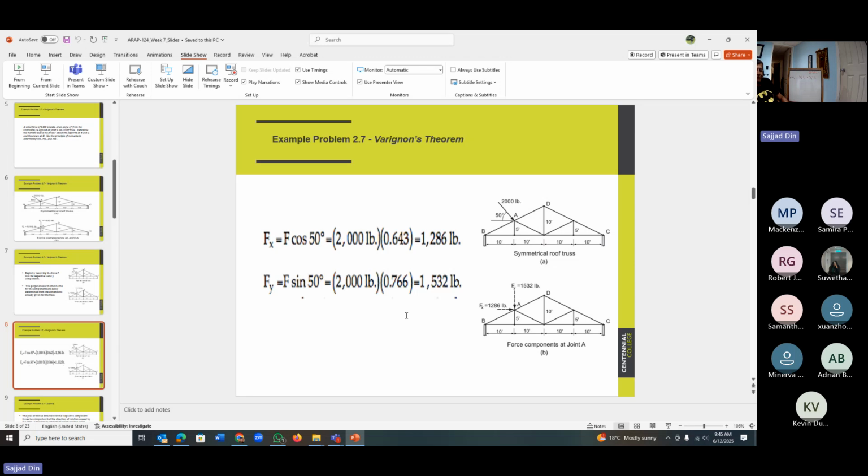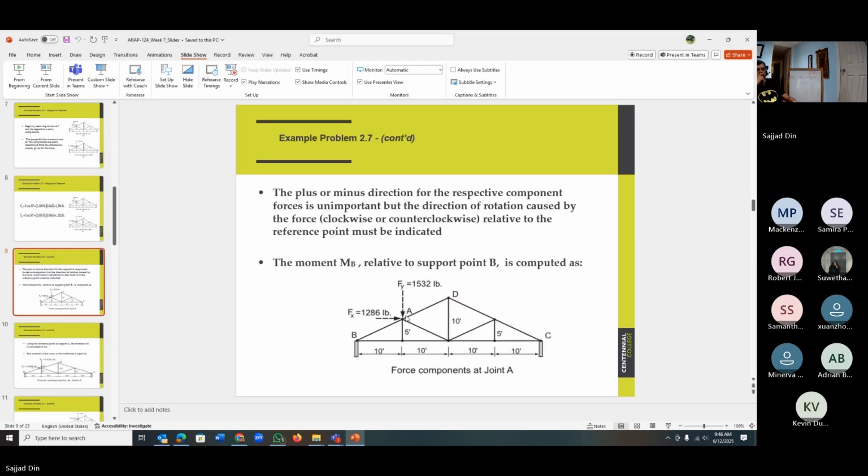It's in pounds. Now what we do is we act like these are two completely separate independent forces in our calculations. In fact, it would be wonderful if we could just make the force 2,000 pounds disappear. This is the key thing.